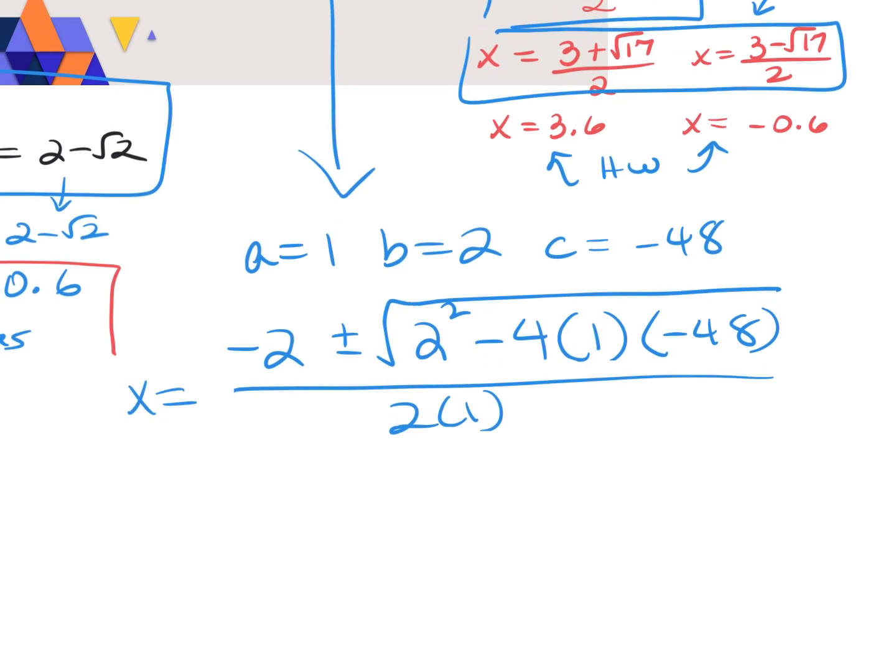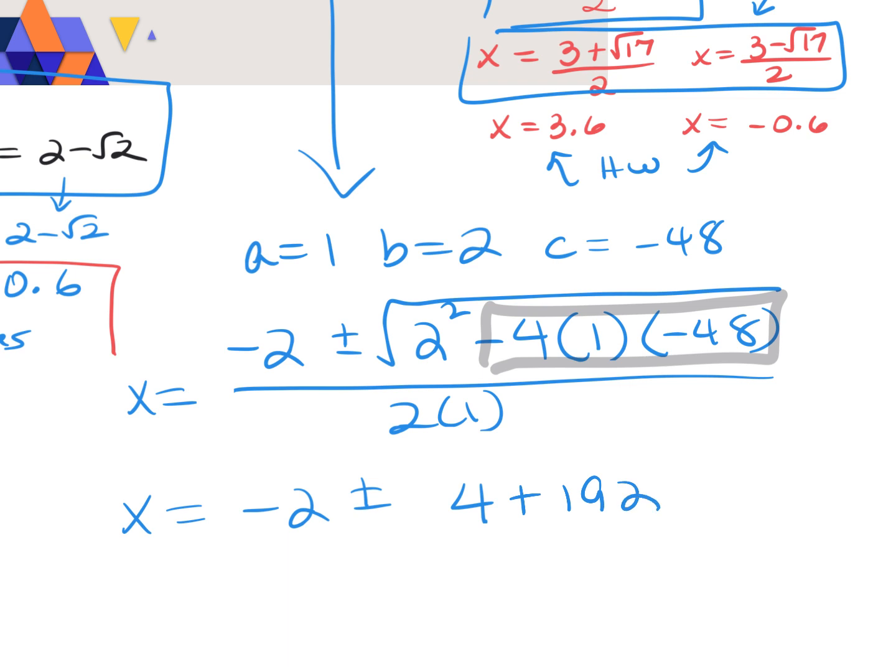So now let me simplify what's under the square root. The -2 plus or minus is there. I square the 2, and now I'm going to multiply these 3 together, and this gives me 192. And that's under the square root, divided by 2 times 1.